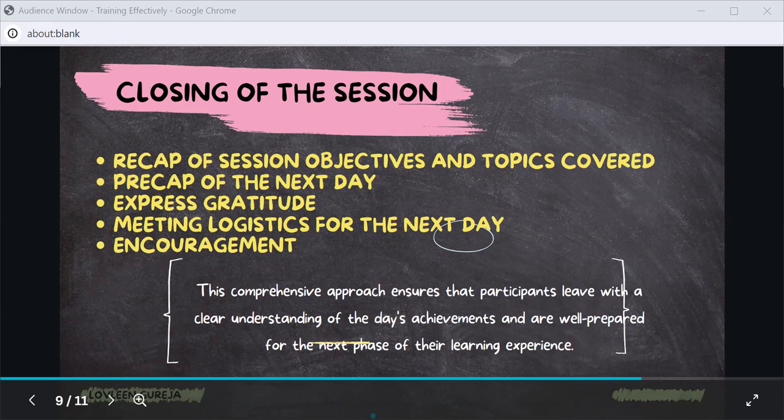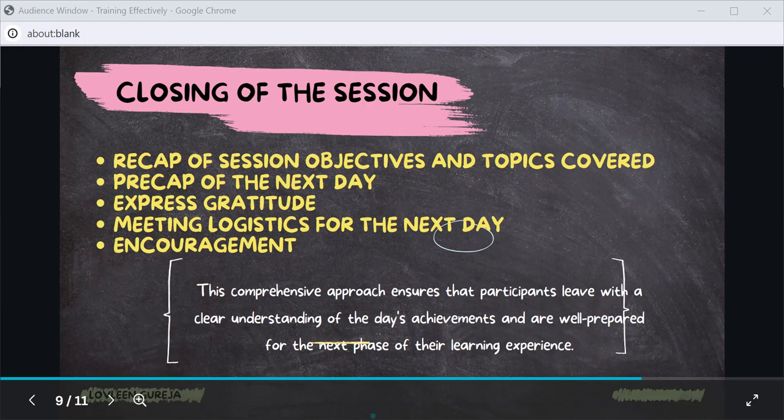And the third point, express gratitude. Thank the participants. Express sincere appreciation for their active participation and their engagement, because the session was exciting, the session was engaging, because the attendees were engaging. Right?